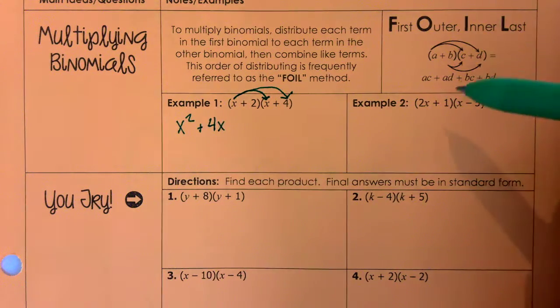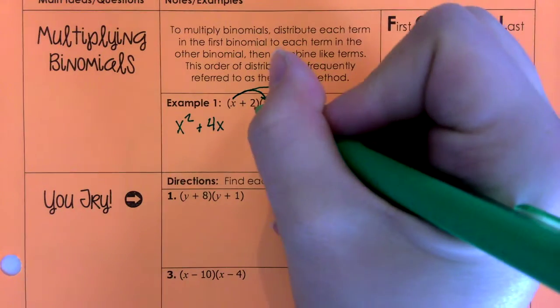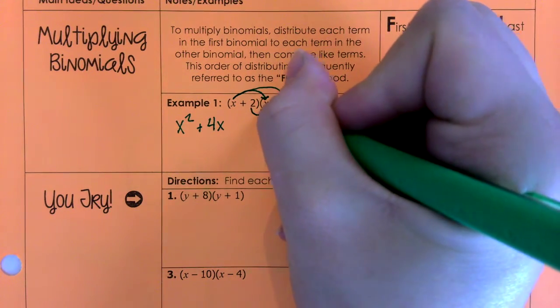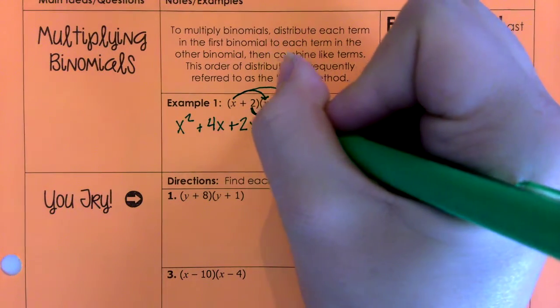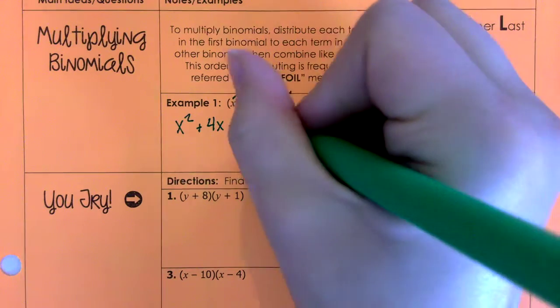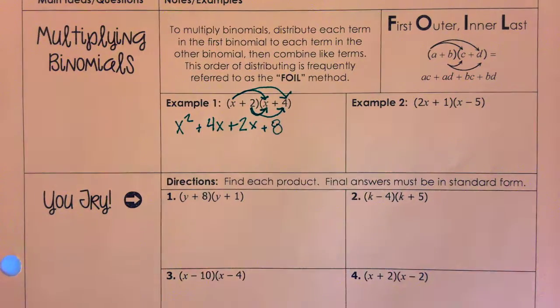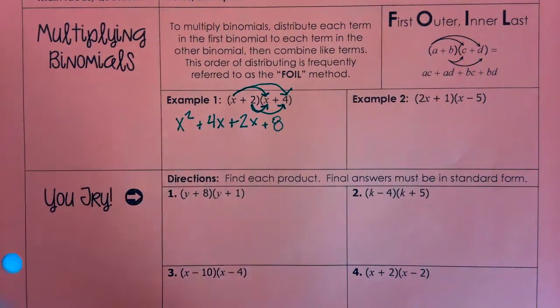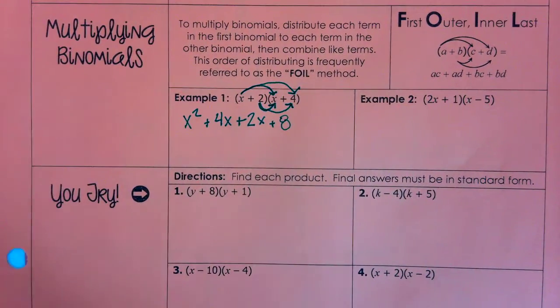Now that we've done our top one, now we're going to take our 2 times x to get 2x, and then 2 times 4 to our last, which is 8. So now we have 4 terms. So when you multiply two binomials, you should get 4 terms total. And then you're going to simplify.